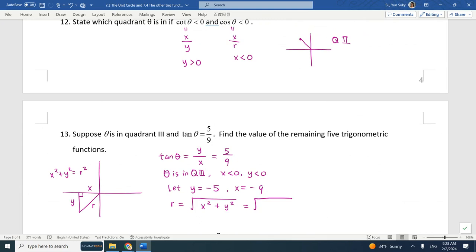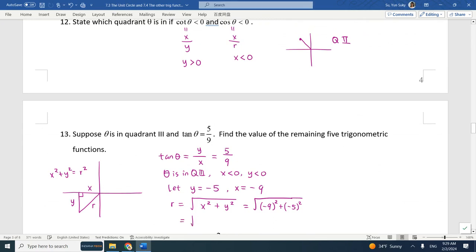What is x? -9 squared plus what is y? -5 squared. Make sure you have the parentheses. What's -1 squared? -1 squared is just 1, so the negative is gone.